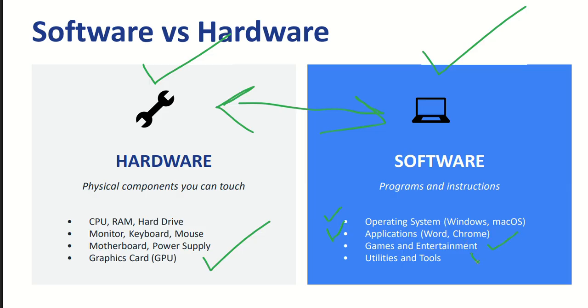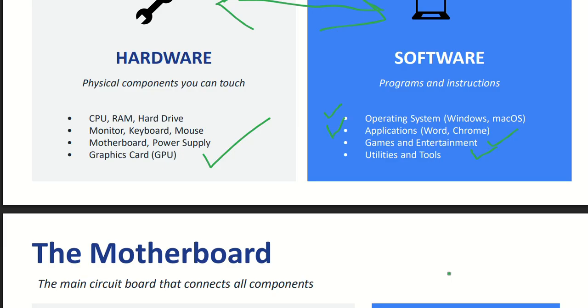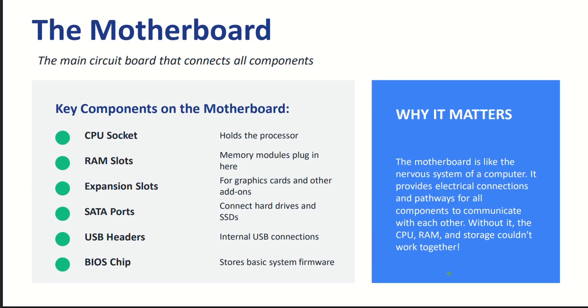And the next thing is utilities and tools. These include the drivers which allow the different input devices or connected devices to work properly, just like a Wi-Fi driver. The next thing is the motherboard. The main circuit board of the computer is called the motherboard, and the CPU and other things and ports are connected to it.